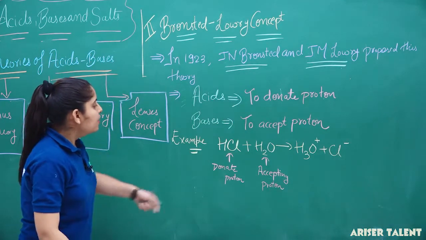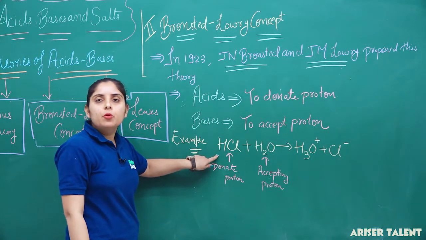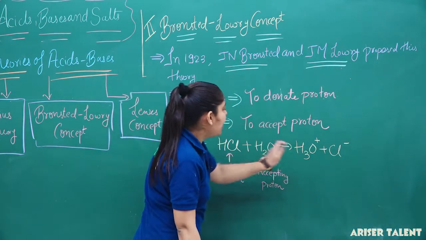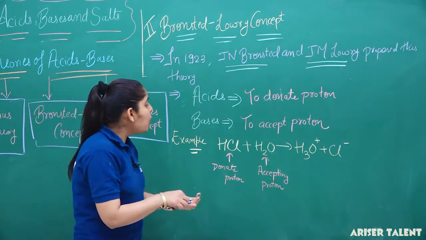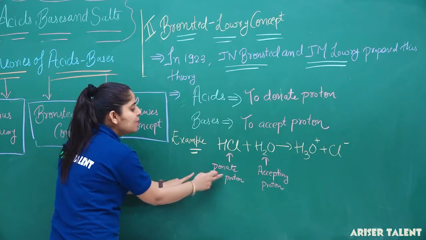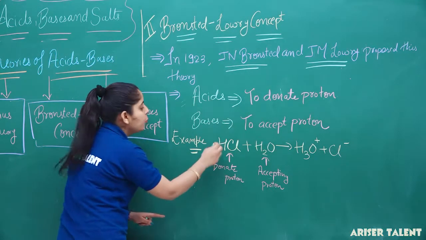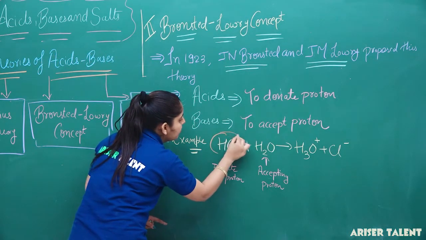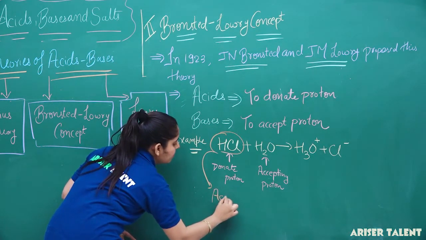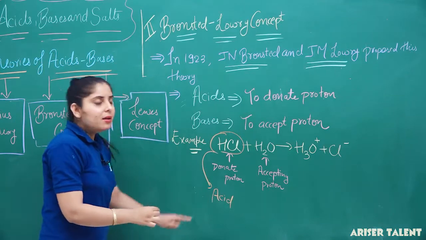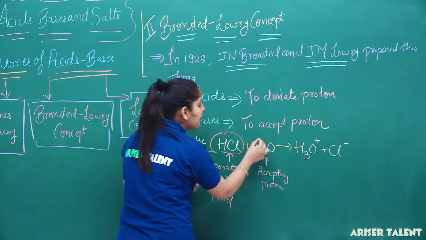So that's why HCl will lose the proton and form chloride ion, and water will gain the proton and form the hydronium ion. So I must say the substance which has the tendency to donate the proton, that is HCl, is an acid, and water has a tendency to accept the proton.